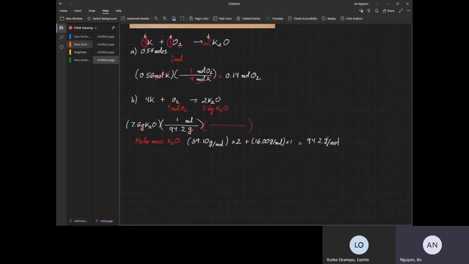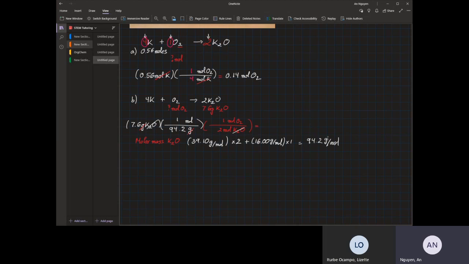Looking at the balanced equation, we can see that 1 mole of O2 for every 2 moles of K2O. And then if you look at it, we can see that K2O is canceled, giving us moles of oxygen.